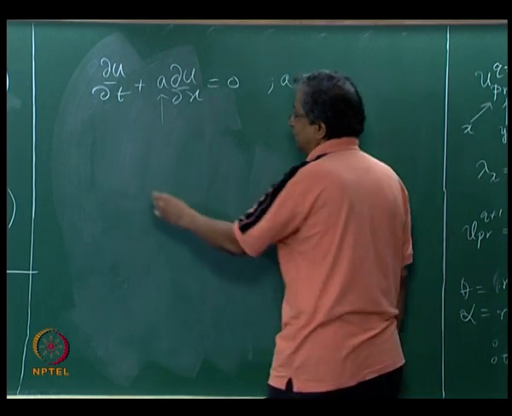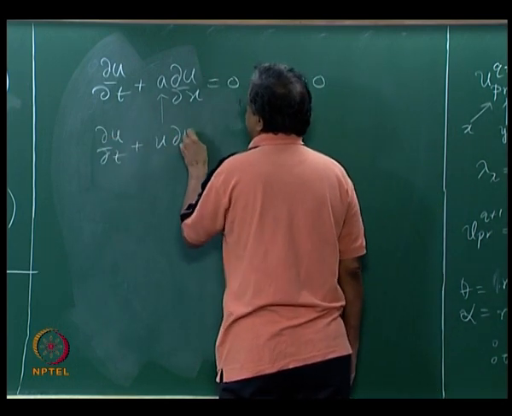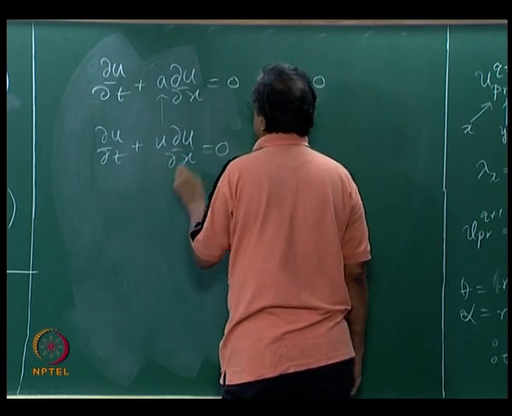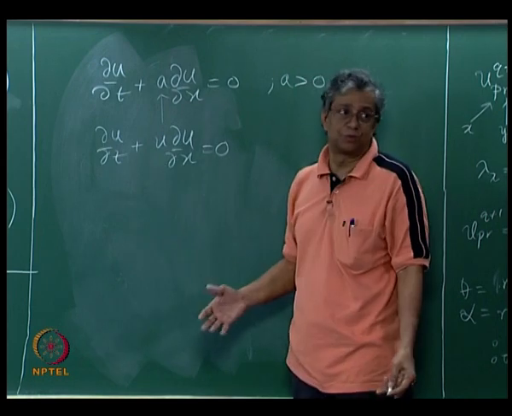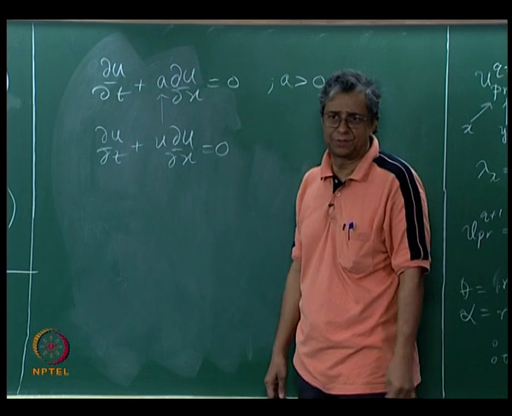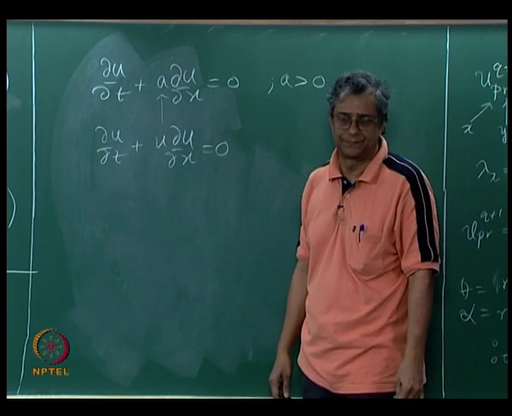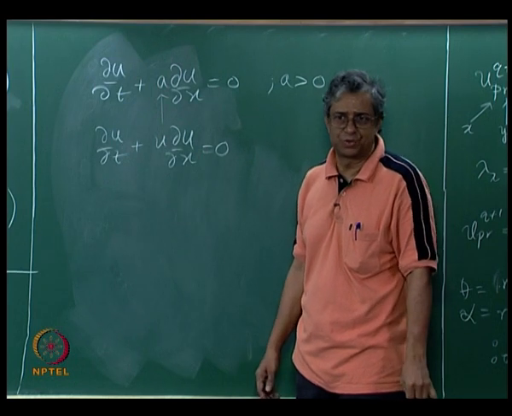The kind of equation we are used to in fluid mechanics would be something like this, where u is the solution and therefore you do not know what it is beforehand, a priori you do not know the value of u. So what if you had this situation?